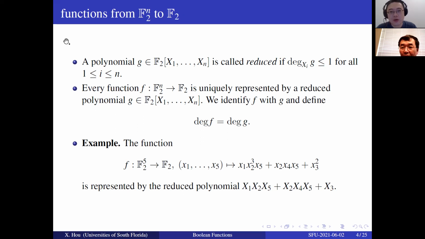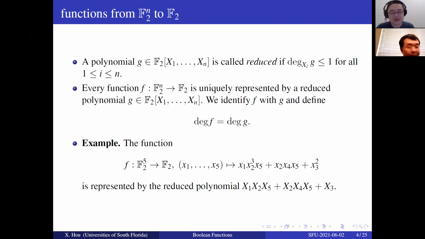It's not a big problem from our viewpoint. We can only see your slides. But I have a title. Every time I have a title. And your title is functions from F2 to the n to F2, right? You can see the title, right? Yeah, I can see the title, no problem. I cannot. That's the problem. Okay. Yeah, I understand that my view is blocked, but your view is not. Okay, that's good.